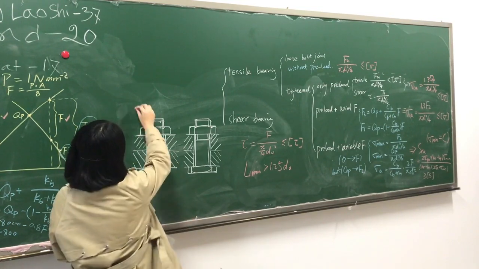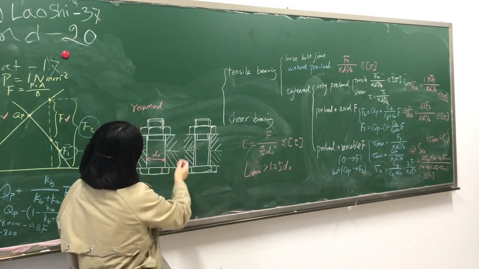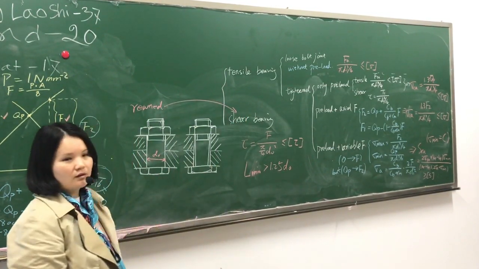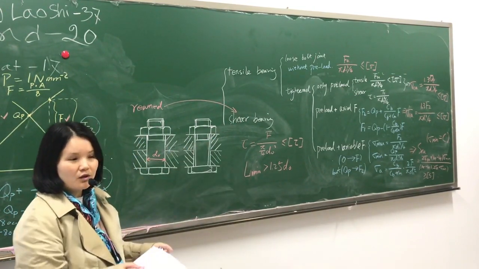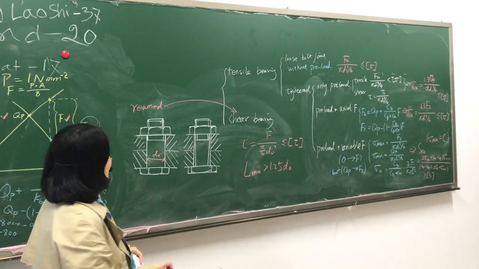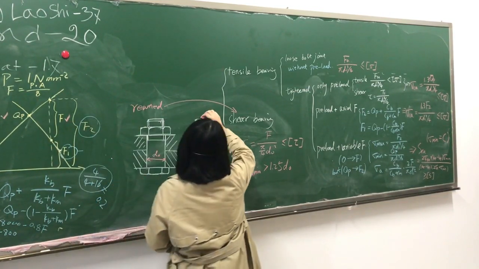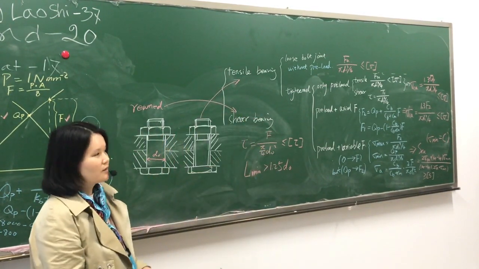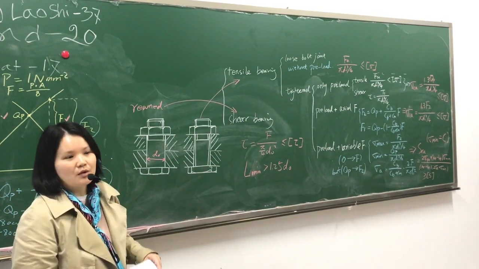This is the reamed bolt joint, and this condition is subject to shear and bearing stress. Okay, and the ordinary bolt is for this condition, subject to tensile stress.